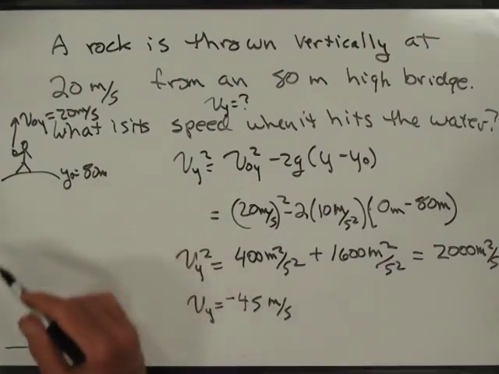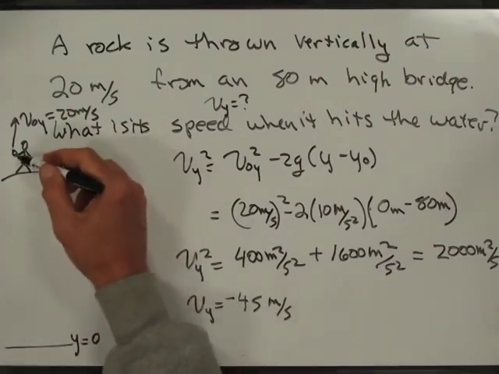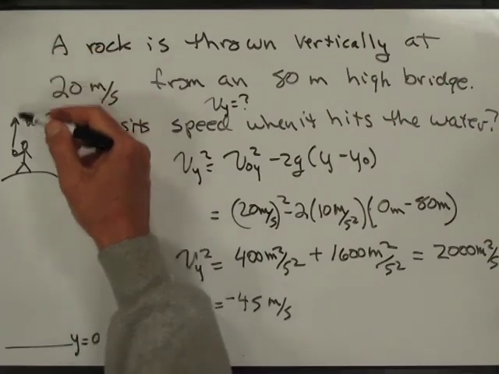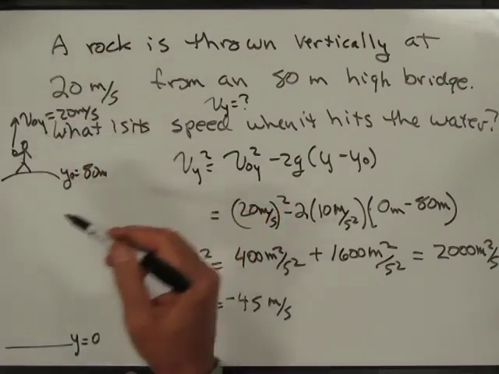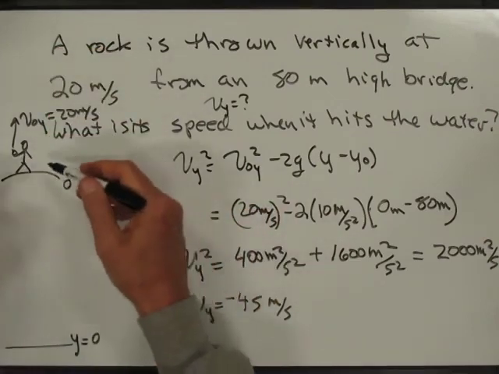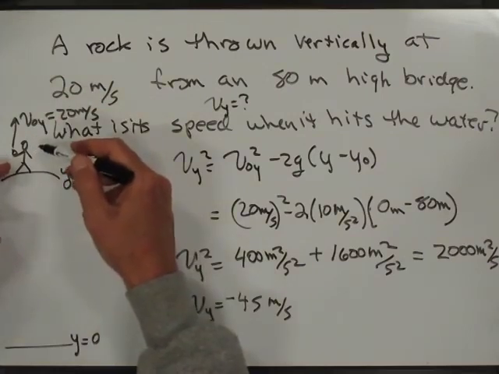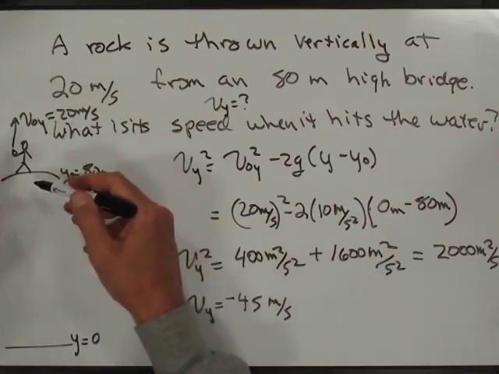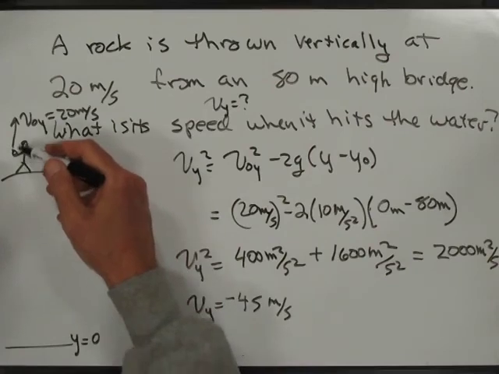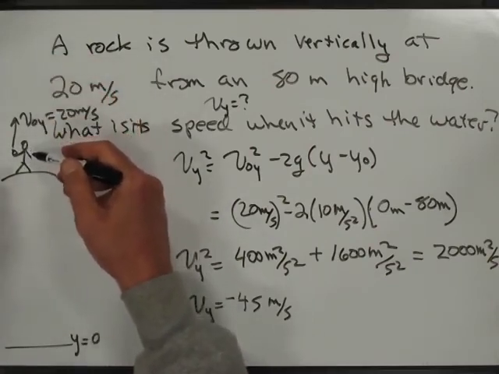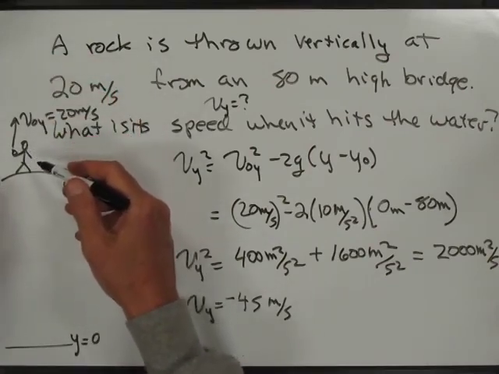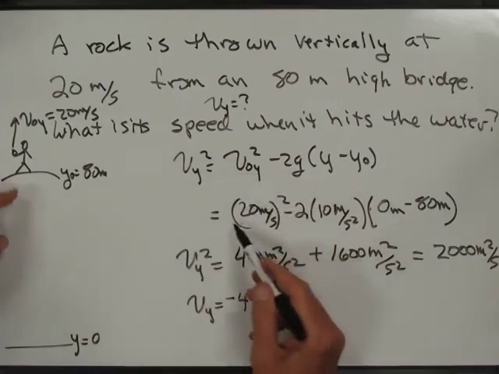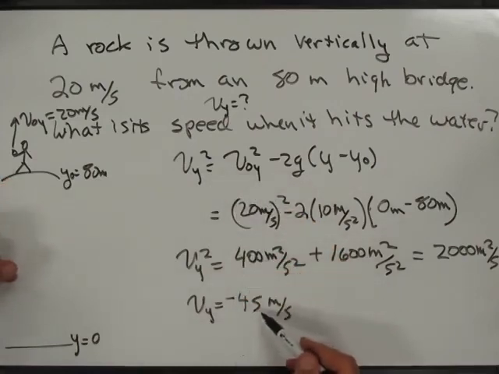Another way you can think of that is if he throws the ball up and then it comes back down, when it passes him again, just like we saw in the table earlier, the velocities at the corresponding heights are the same going up as they are coming down. And so when this goes up and comes back down, when it gets to here, it's going at minus 20 meters per second. And so if you just throw it down at minus 20 meters per second, you're going to get the same answer.